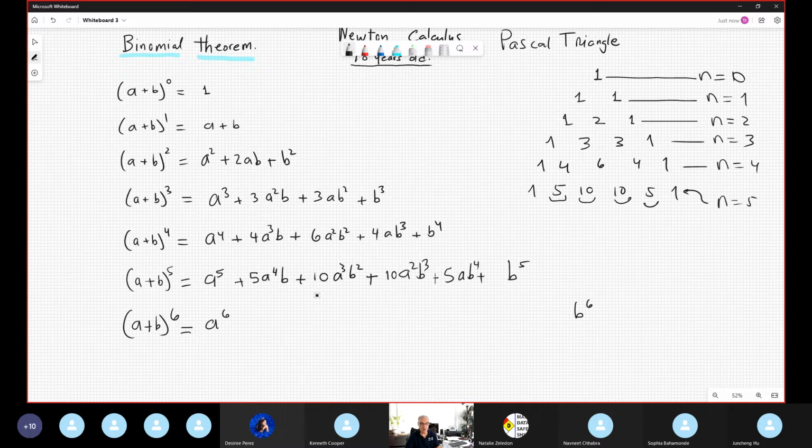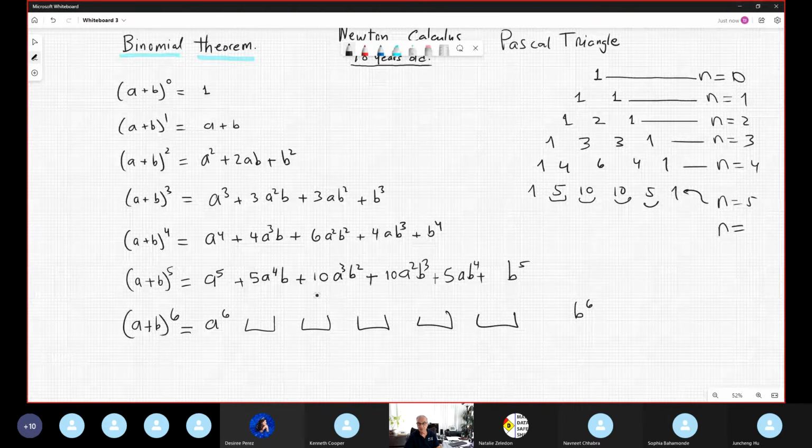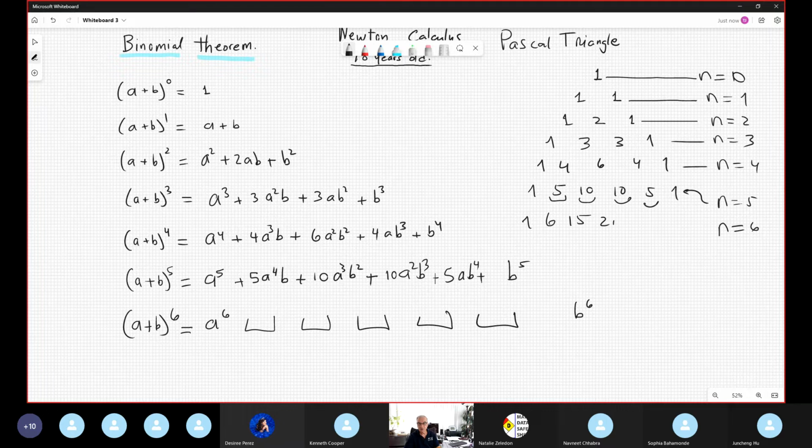And we have 5 in the middle: 1, 2, 3, 4, and 5. Okay, and the coefficients for n equals 6 are 1, 6, 15, 20, 15, 6, and 1. Okay, ready. We are ready.